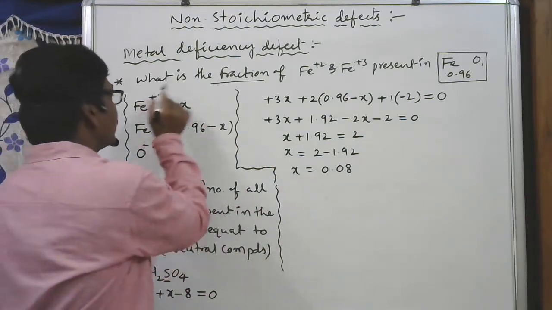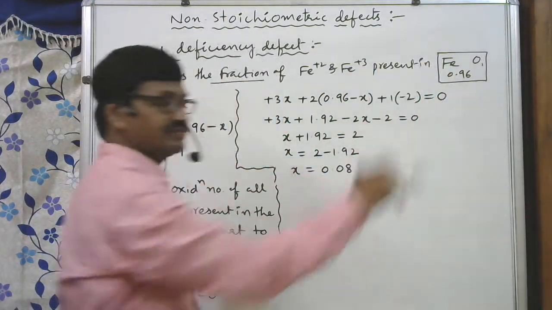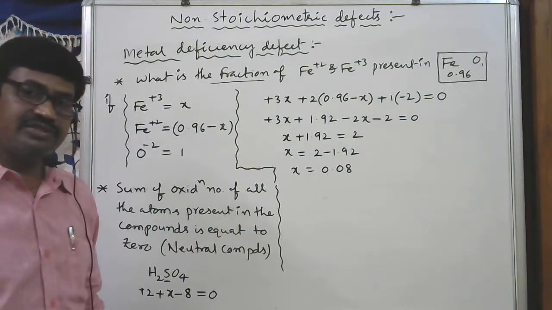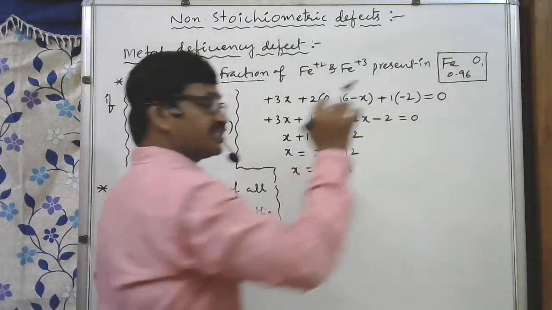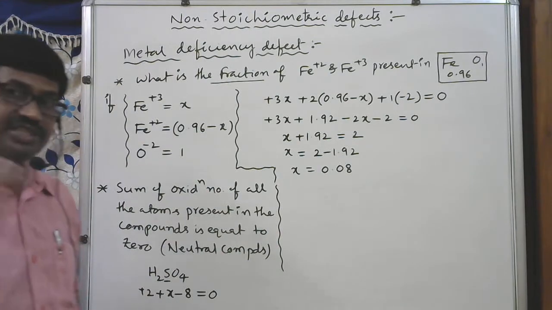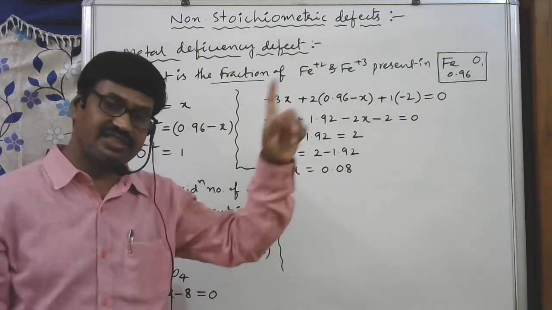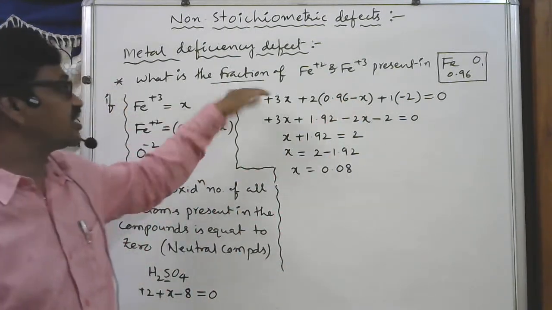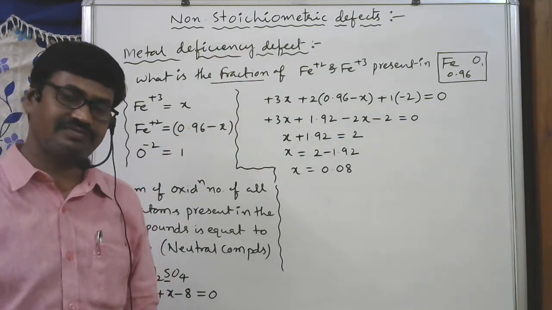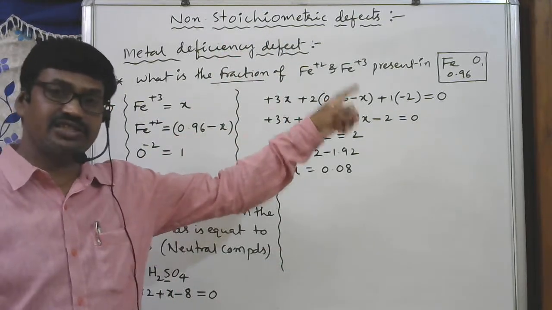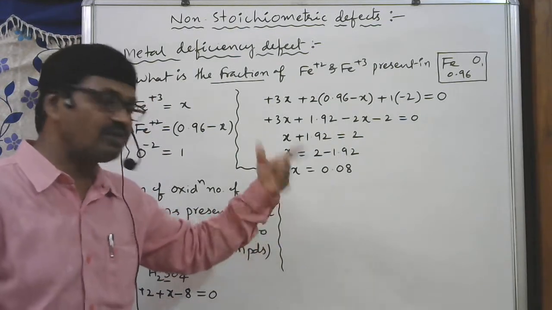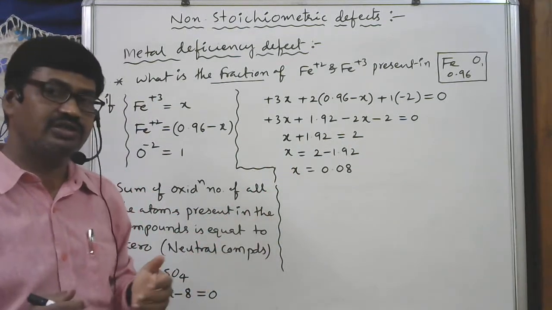But they are asking about the fraction among these. Fraction means this 0.96 is considered as 1. Percentage means that 0.96 is considered as 100. If they ask what is the percentage of Fe plus 2 and Fe plus 3, then 0.96 equal to 100, then this much equal to how much it is. Like that you have to calculate.